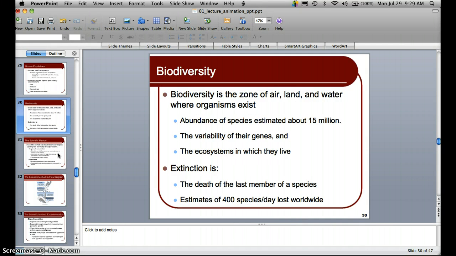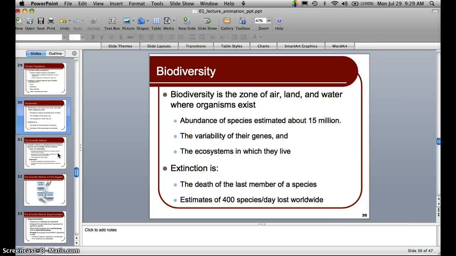Biodiversity, you may know biodiversity as species diversity, the different variety of organisms on the planet, but there are actually different levels of biodiversity. You could have genetic diversity, you could have species diversity, you can have ecosystem diversity.